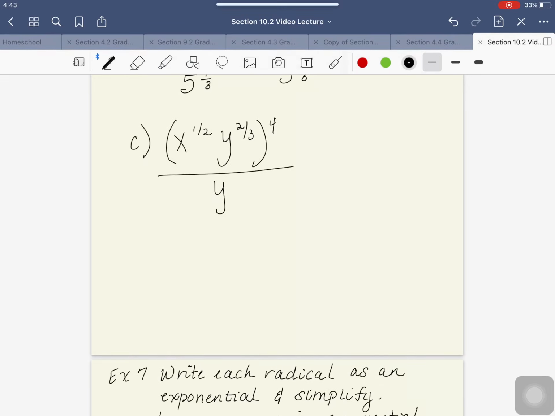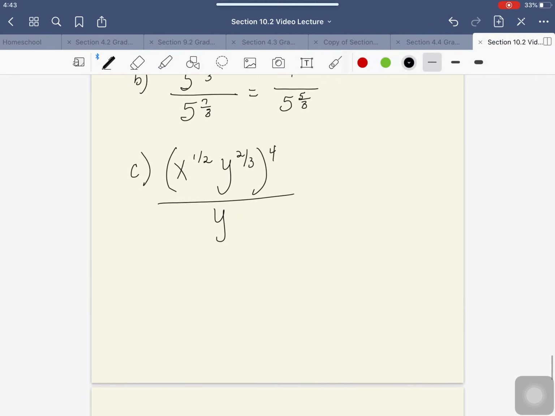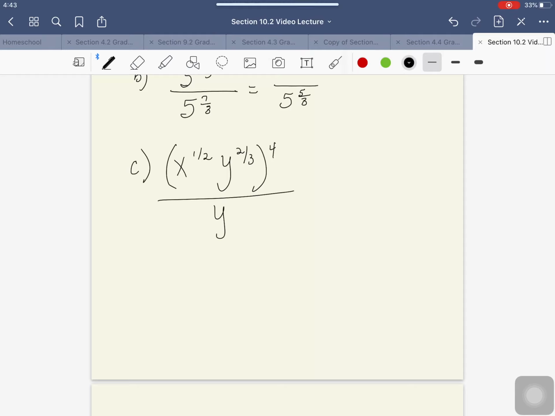All right, this one, we have a power raised to a power, so we're going to multiply. All right, and 1/2 times 4 is 2, so that'll be x squared.